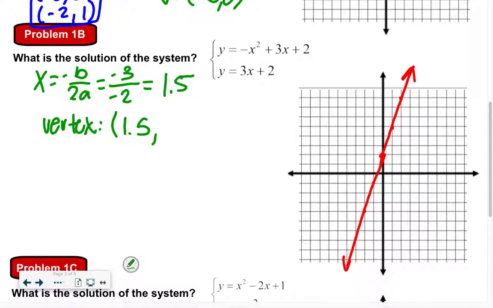No. 1.5 squared is what? 2.25. So negative 2.25 plus what's 3 times 1.5? 4.5, plus 2, so what's 6.5 minus 2.25? 4.25. Okay, so plot our vertex.